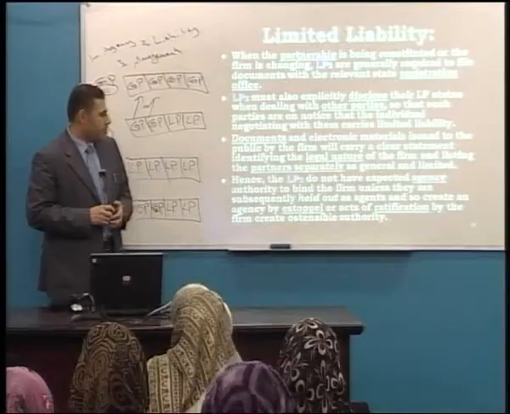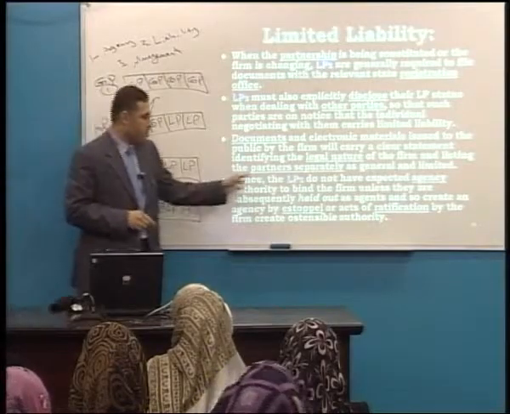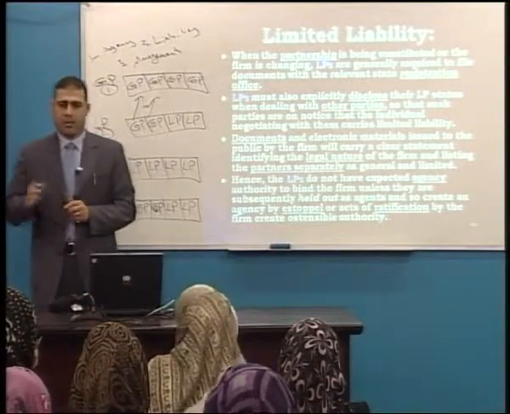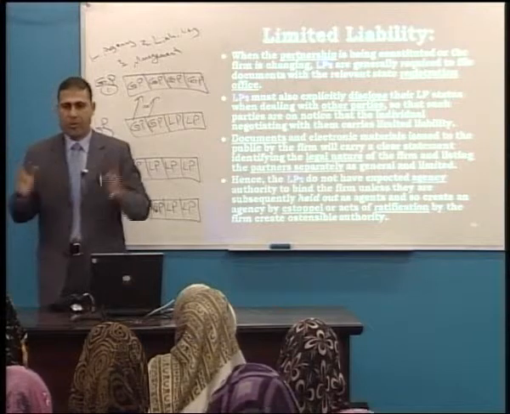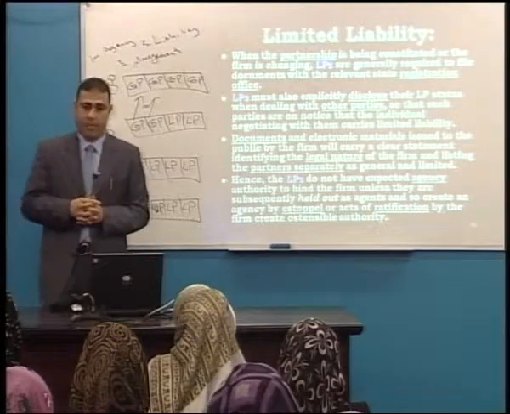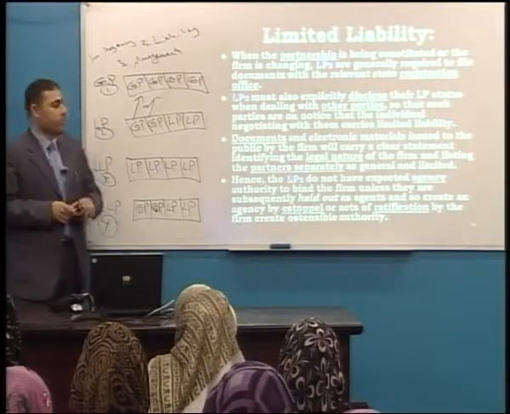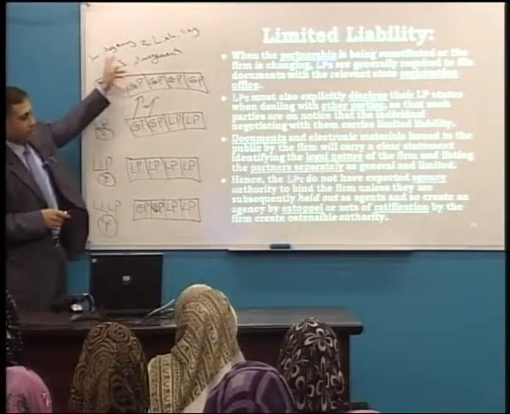That's because we have to separate between the liabilities and responsibilities of both categories. They are not the same. They have completely different tasks to do, as we have said now here.